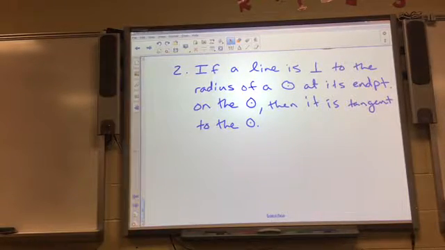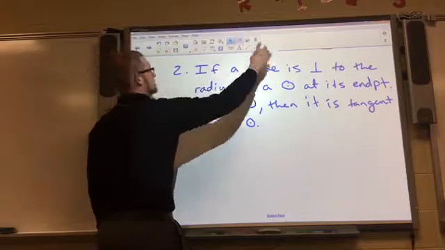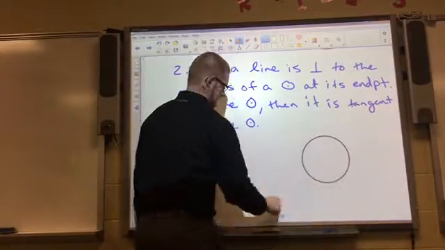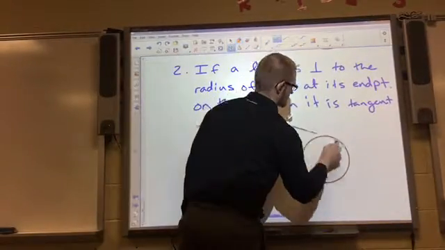If a line is perpendicular to the radius of a circle at its endpoint on the circle, then it is tangent to the circle. Okay. Again, that's just saying the same thing backwards.